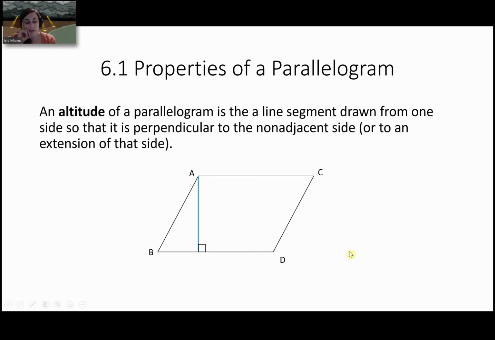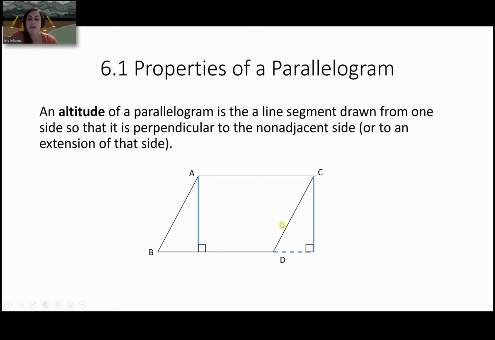Now, we could also draw the altitude from vertex C, and it would be existing outside of the parallelogram, and that's perfectly fine. It's still an altitude. It's meeting either the opposite edge or an extension of the opposite edge perpendicularly, so forming a right angle, as you can see with these little boxes here.